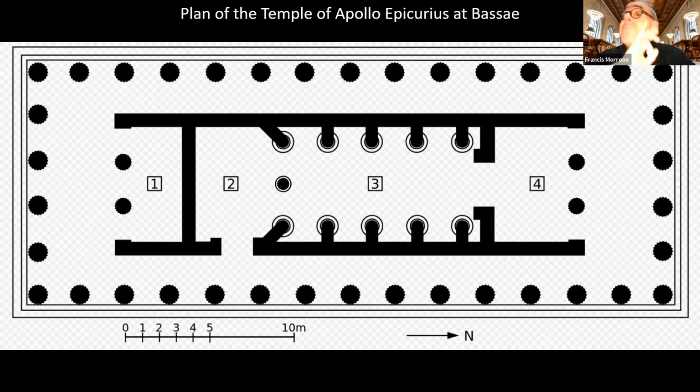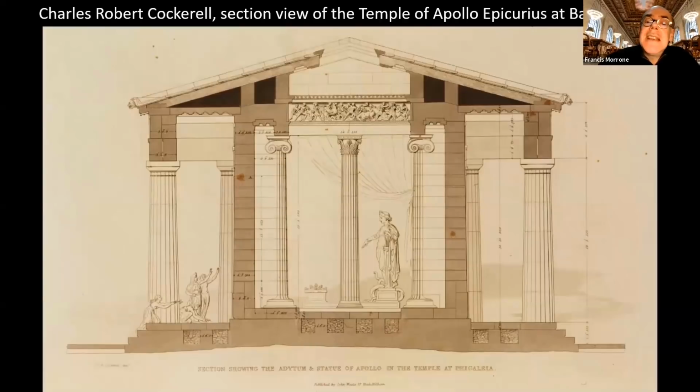That lonely black dot was a single Corinthian column. And we see that it was illustrated by the great 19th century British architect Charles Robert Cockerell, who, by the way, was the fellow who coined the term Greek revival. First known use of the term Greek revival was in a speech or a lecture by Cockerell.